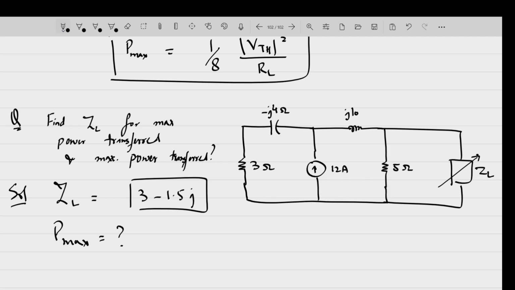You don't need to find VTH, but actually you have to find VTH anyway. For finding out Pmax, you have to find out the value of VTH.